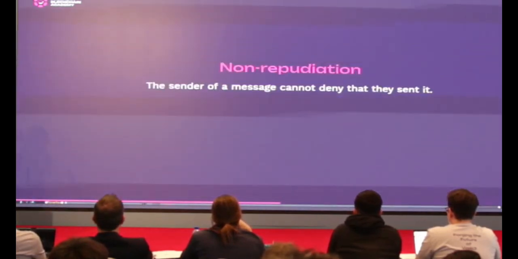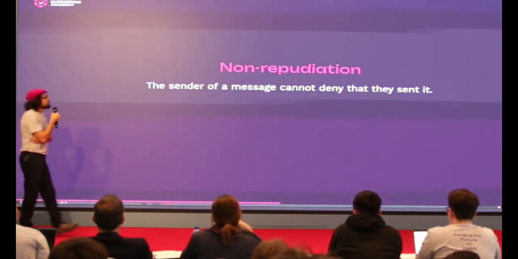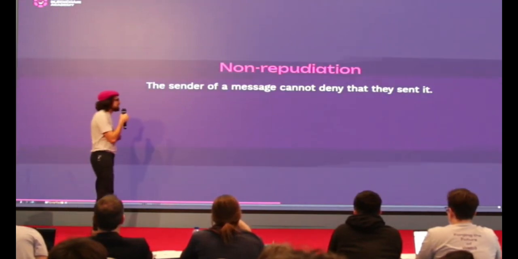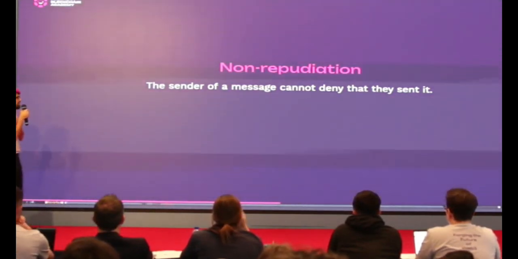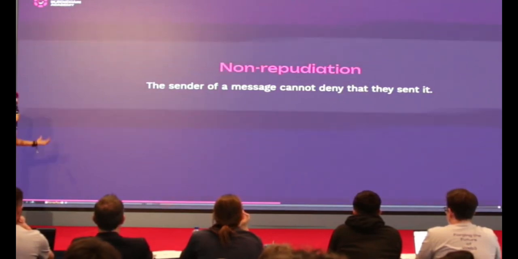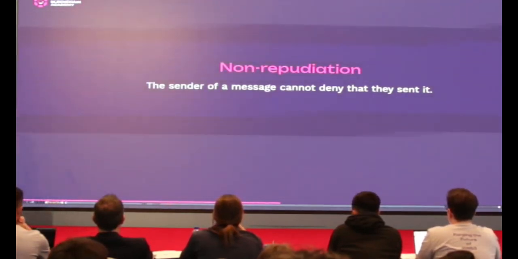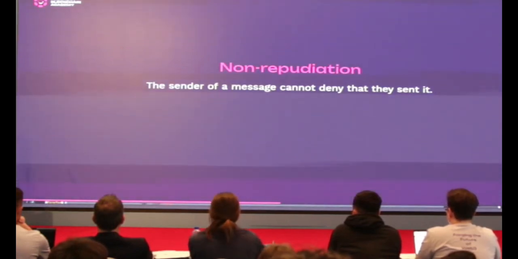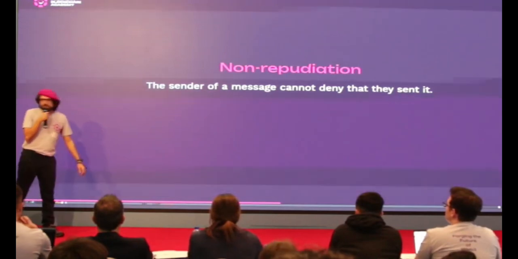Okay. The last property is this. The difference with authenticity, as I said, is that you know that the origin is correct, but with non-repudiation, you don't want the origin to be able to deny that they have sent something. This is important in a lot of applications.